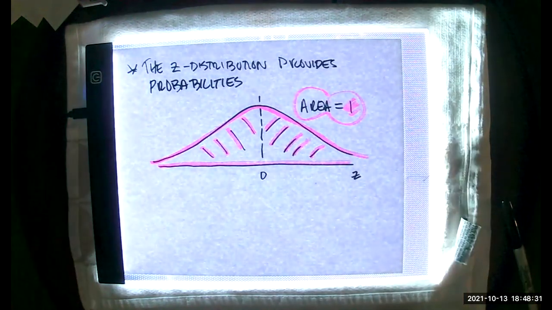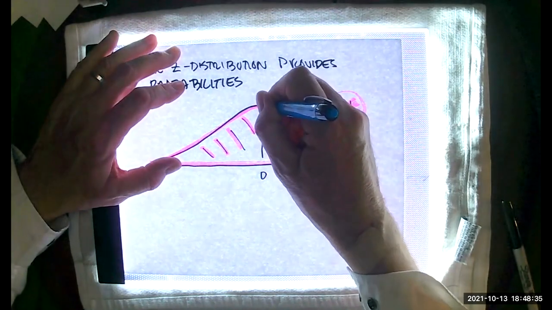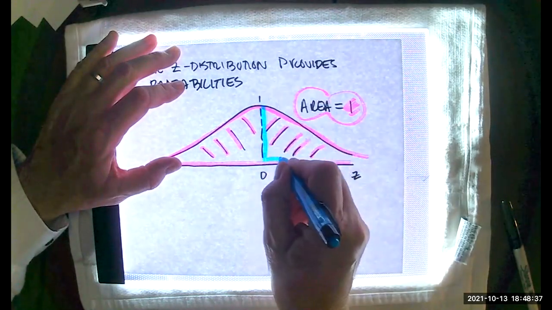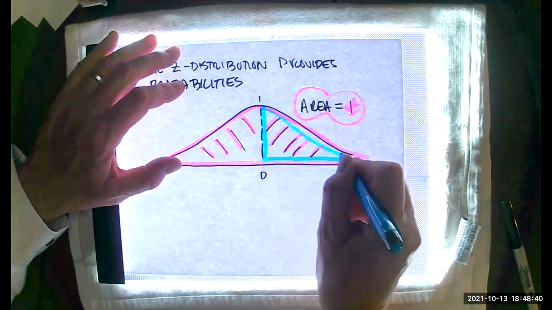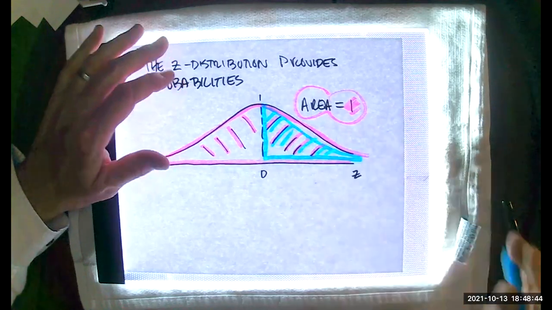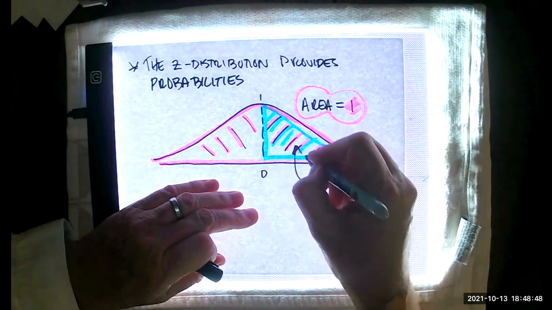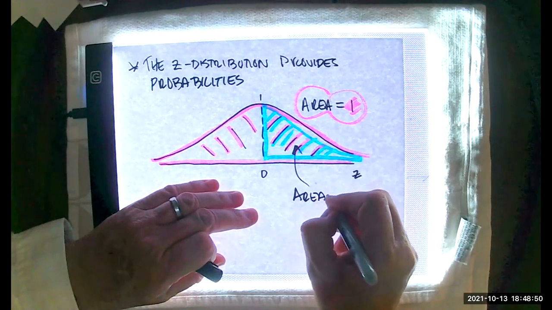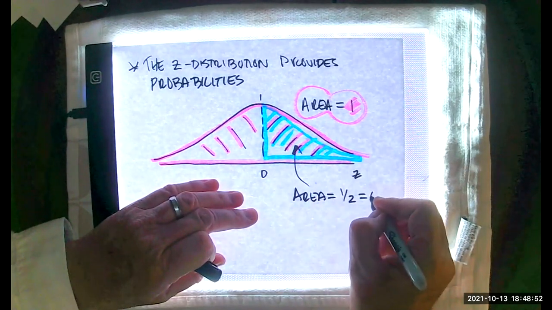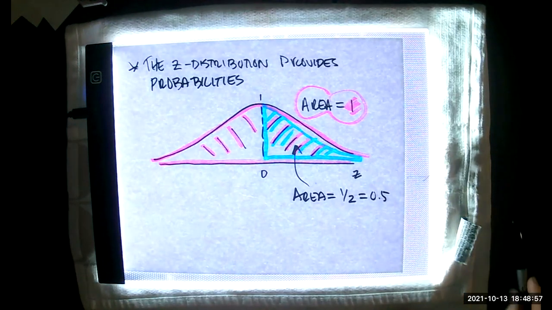Now, our graph is symmetric. So if I take a look just at, say, the right half, this area in here is equal to 1/2 or 0.5.